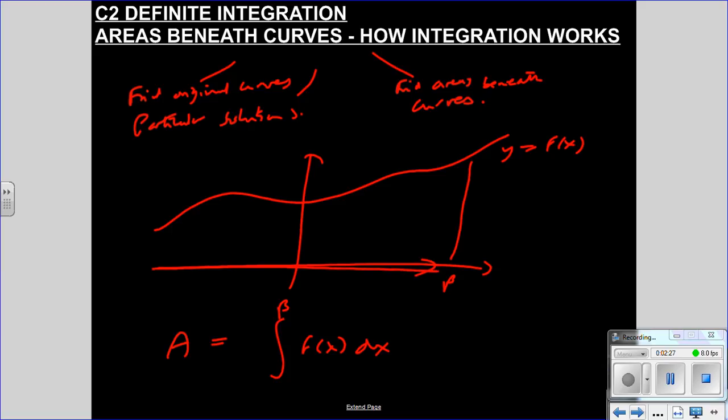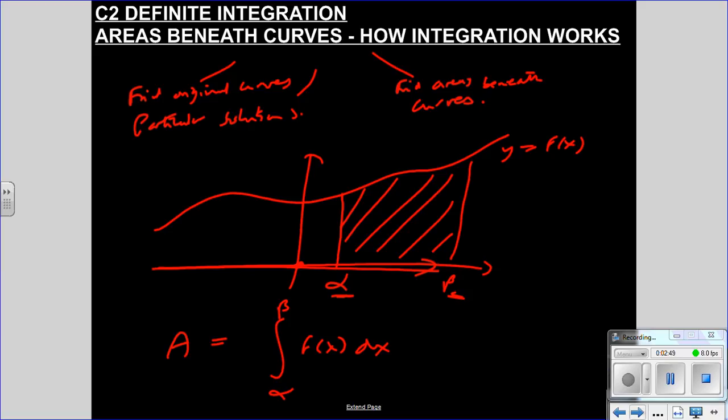Why? How's this working? Well, if I say I want to find this shaded region here, basically. I want to find this. So I'm going between beta and alpha. So my notation would be top limit, bottom limit, like that. What is integration actually doing though?